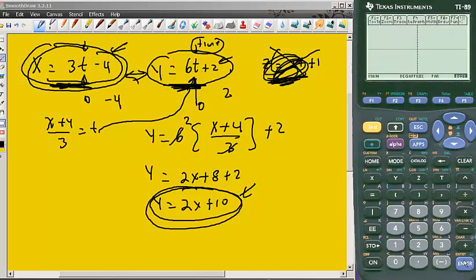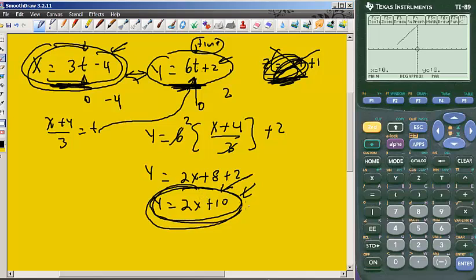As you can see, it's stopping, and that's why it stops. Because time can never be negative, t can never be negative. Now, in a rectangular format, this is the same equation as this, the only thing is it has a domain restriction.